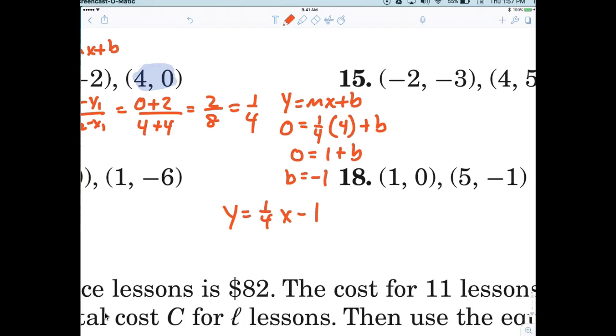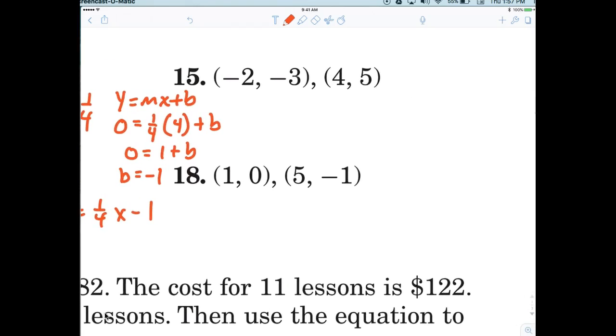All right, here we go. So now, because I'm great at this, we're going to do number 15. I'm going to give you 1 minute. Go. 1 minute and counting.